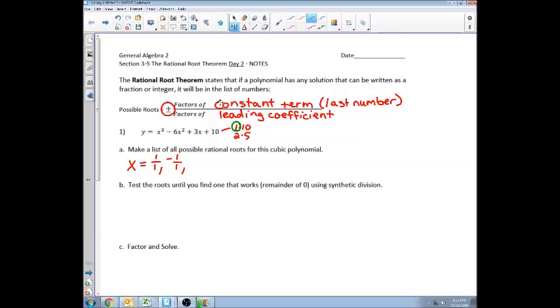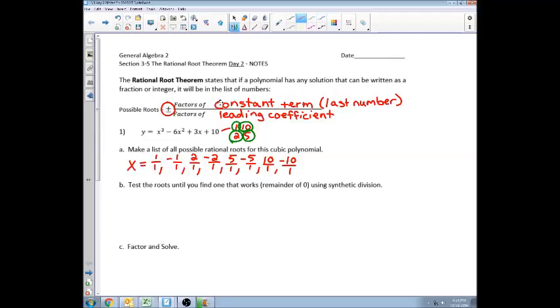Then I'm going to take 2 over 1. Since it has to be plus or minus, we would also have negative 2 over 1. Then I'm going to use 5 over 1, and negative 5 over 1. And finally 10 over 1 and negative 10 over 1.